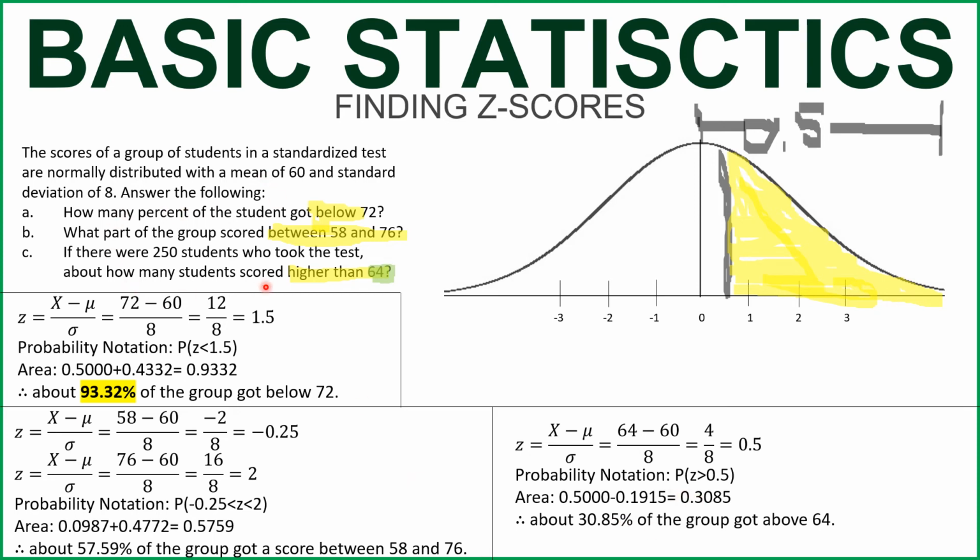Kailangan naka-decimal form muna siya. So, para saan yung 250? In case lang sa question na yun. Since wala naman, okay. So, about how many students scored higher than 64, no? So, tinatanong niya yung mga total students. So, multiply na lang natin dito. So, that is 250, kasi 250 yung total students daw.